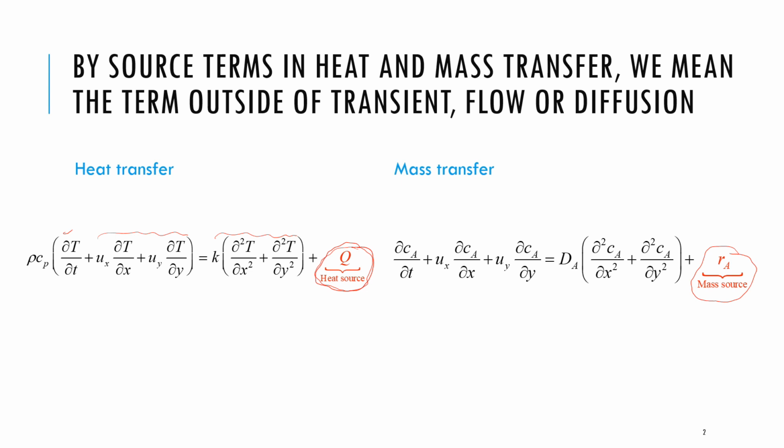Here the term represents the amount of this mass species, A is my species, that appears or seems to appear from nowhere. Of course, it's not possible to appear from nowhere. It represents conversion of other mass quantities into this mass species or vice versa.